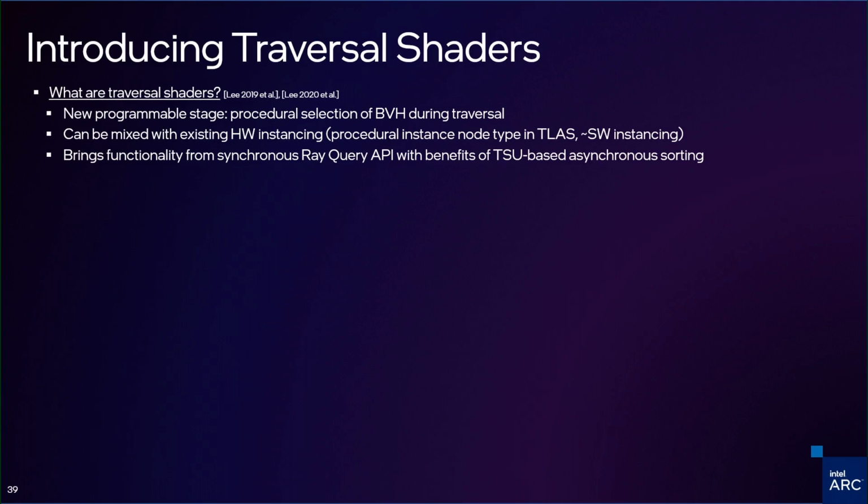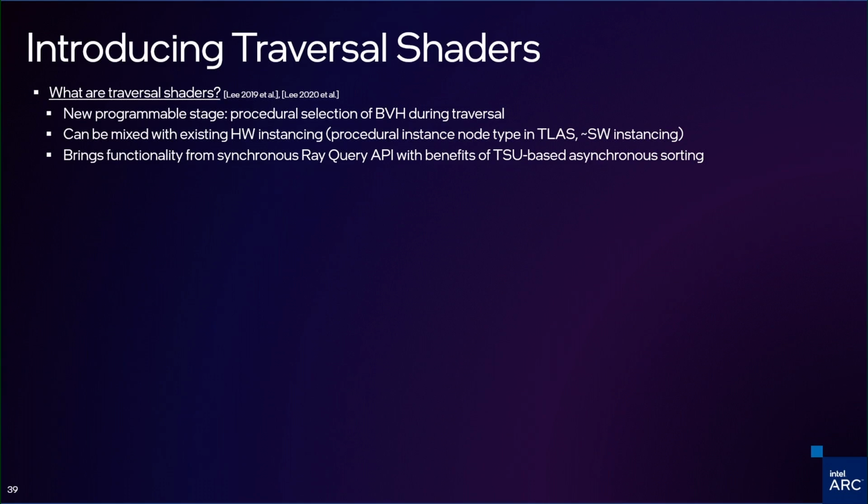Another important point is you can mix this with the existing hardware instancing solutions. This isn't a thing where we're saying do this instead of that. We're saying you can do this in addition to the other techniques. And this might be the most important part of why traversal shaders are such an exciting innovation: effectively bringing the power of the Ray Query API, and the procedural nature of issuing a ray query from a compute shader, into the DXR 1.0 pipeline.